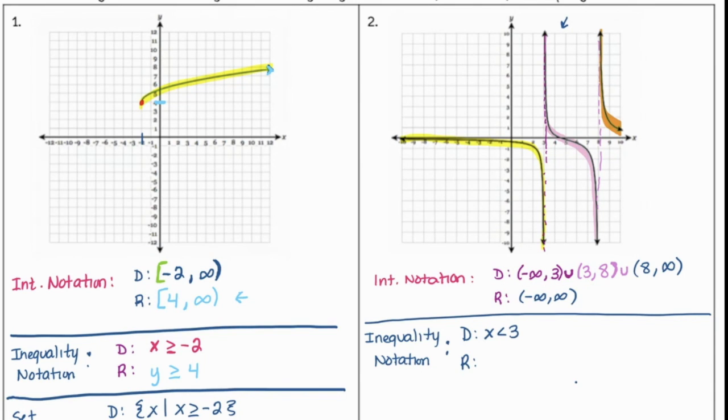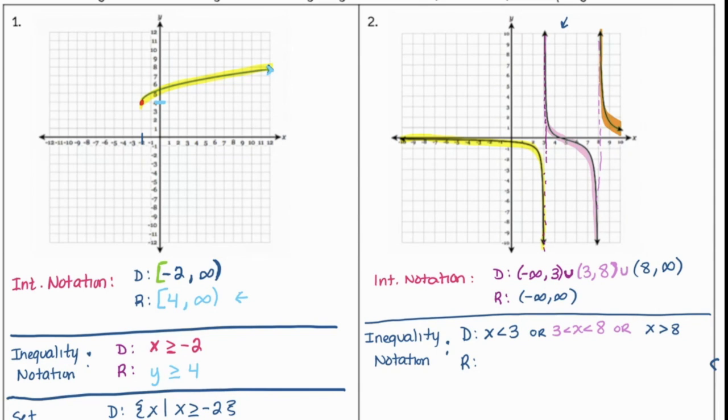Instead of a little u, we write or. So my second piece, what is the inequality for that? All the numbers from 3 all the way to 8. So 3 is the smallest, less than x, less than 8. There's my compound inequality. Or the last piece that we have here goes from 8 to infinity, which means that x is greater than 8.